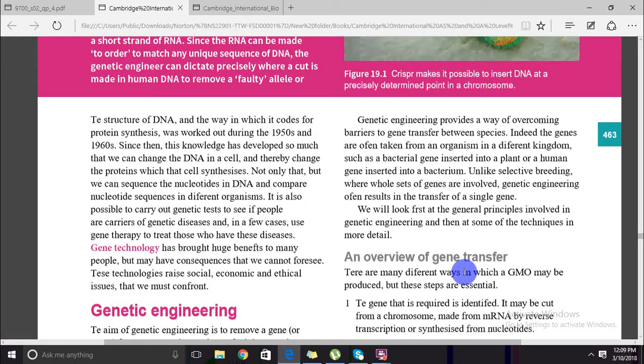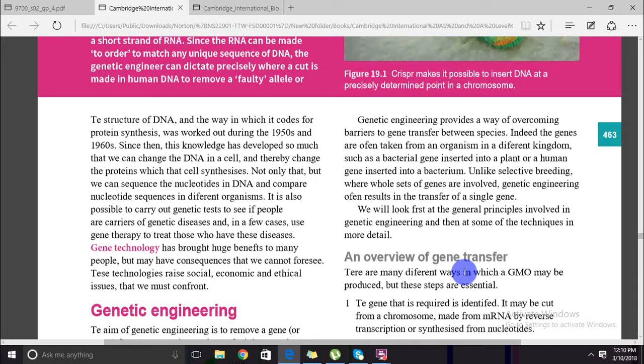So this gene transfer doesn't have to be between the same species, it can be, but it can be between species as well, and we can even transfer them between different kingdoms. For example, a bacterial gene can be inserted into a plant, or a human gene can be inserted into a bacterium.